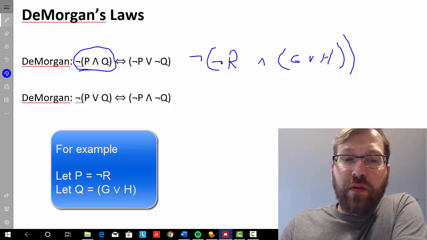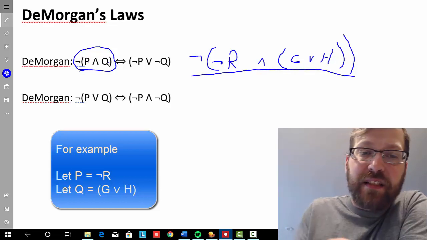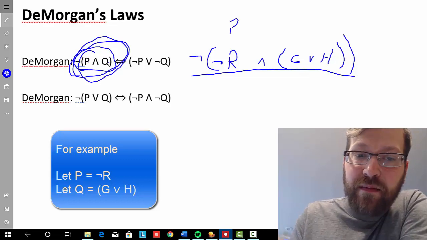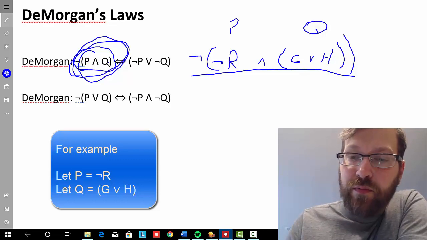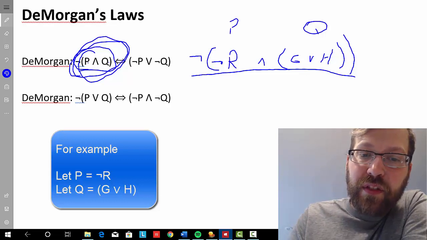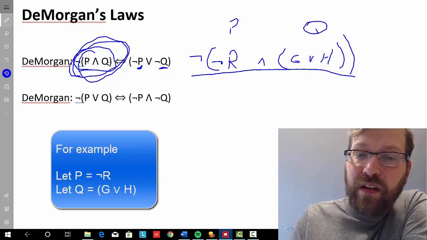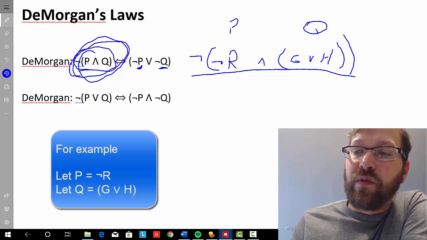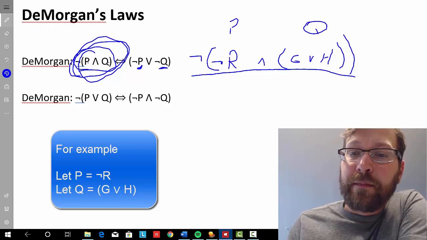Okay, so this sentence that we're looking at here takes this very same pattern, where not the case R is our P, and this disjunction G or H is our Q. So as long as we make sure to keep the sentence that we're substituting in for the P, which is our not the case R, and our sentence Q, the either G or H, then that'll be a logically equivalent sentence.